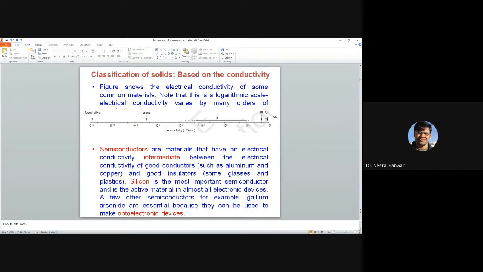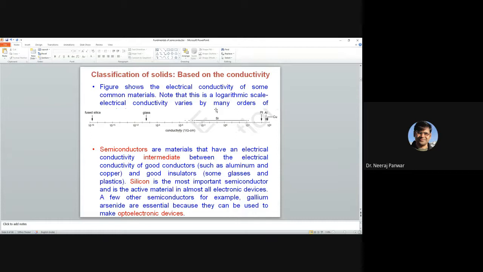But if we consider any semiconductor, its conductivity can be changed if we slightly substitute. For example, if 10 to the power 9 silicon atoms are replaced by just one arsenic or phosphorus atom, its conductivity will change significantly.